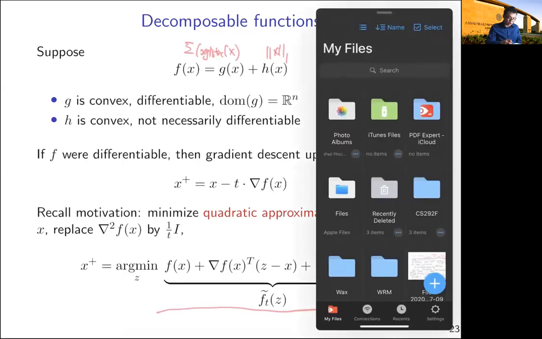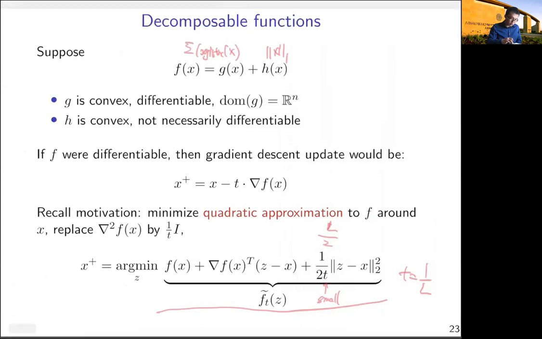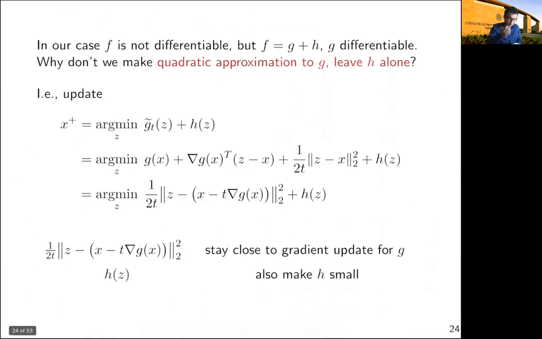So the idea of solving the composite function is exactly the same thing. Instead of constructing the quadratic approximation of the whole thing, let's just construct the quadratic approximation of the smooth part of the function g, using something called g tilde.